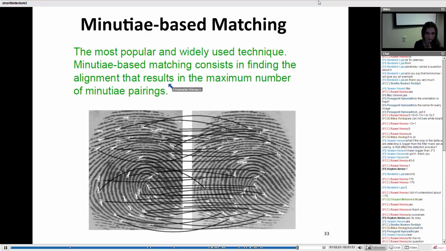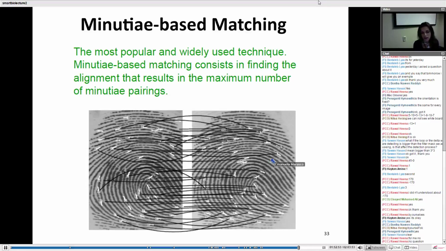So we are going to consider one-to-one matching. The most popular technique widely used today in commercial systems is minutia-based matching, and that's why we needed to know how to extract minutia points. So we have the extraction during enrollment of the template, and then the query.